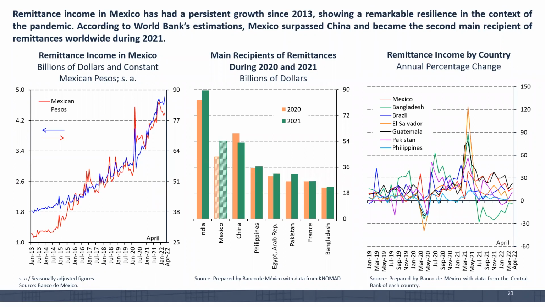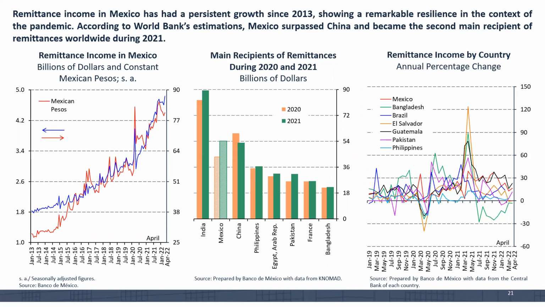Although remittance income in Mexico has had persistent growth since 2014, the resilience shown by remittances in the context of the pandemic has stood out, of course, and for us. Mexico, as well as other countries, has reached remarkable levels in secondary income during the last years. As Paloma mentioned before, income grew 11% in 2020 and 27%.